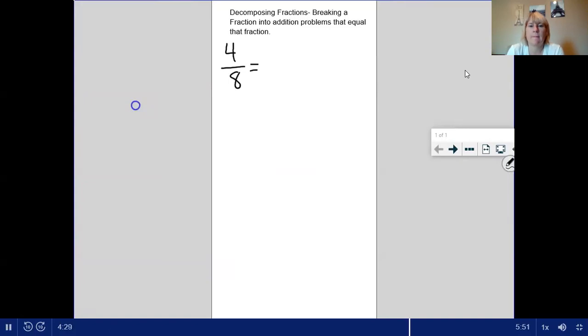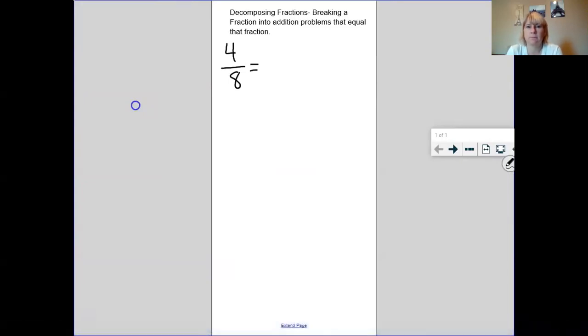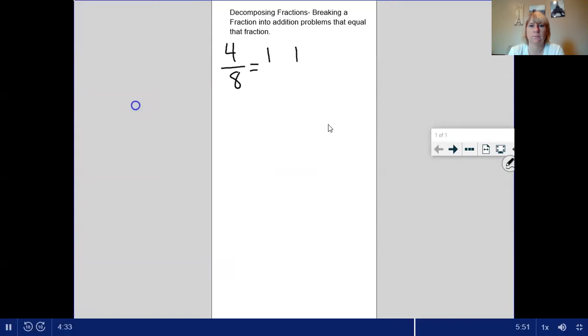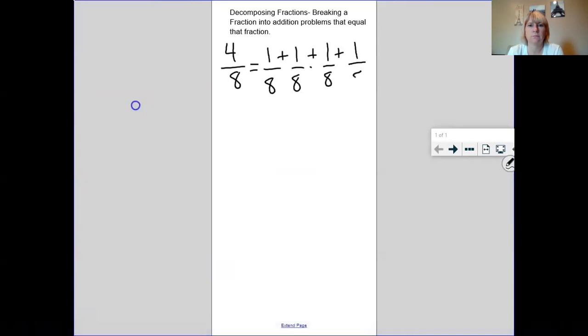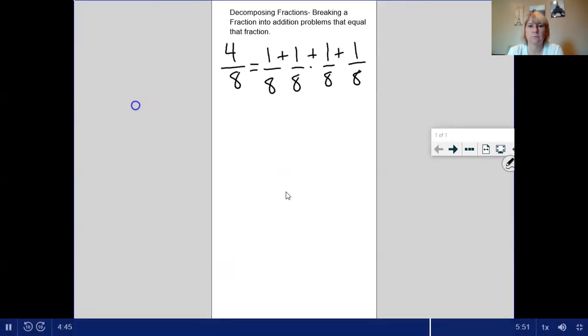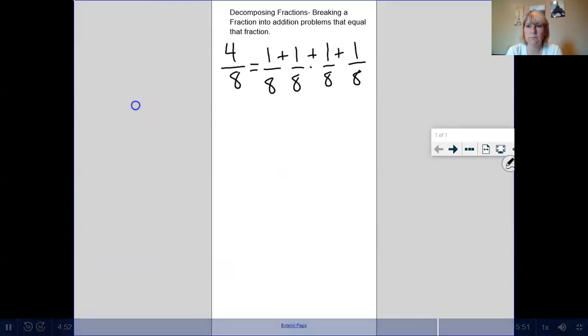What is an addition problem that equals 4/8? Well, let's do the first one that's the longest. 1 plus 1 plus 1 plus 1. That equals 4, so then I just need to keep my denominator as 8 because my denominator stays the same. You cannot add fractions that don't have the same denominators. Let's look again.